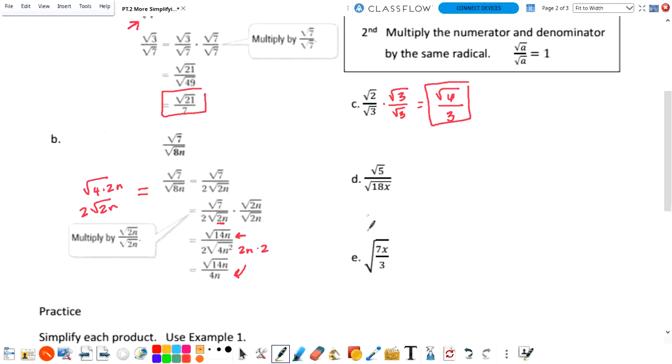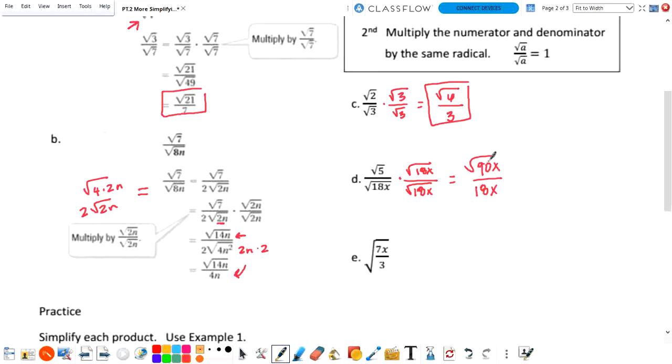All right. Same thing here. We're trying to get rid of that denominator, so we're going to multiply the entire top and bottom by the square root of 18x. Okay, so 5 times 18 gives us 90, so the square root of 90x. And then the square root of 18x times the square root of 18x is going to give us a perfect square of 18x.